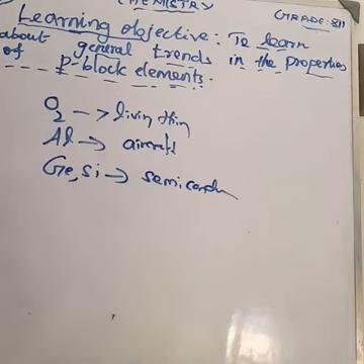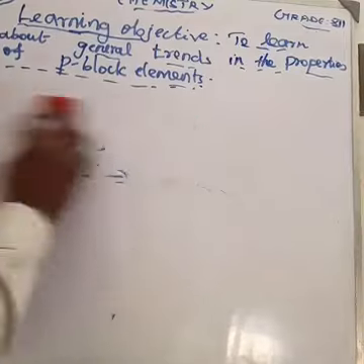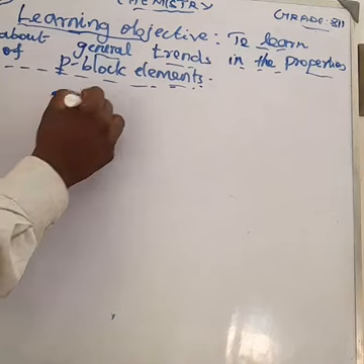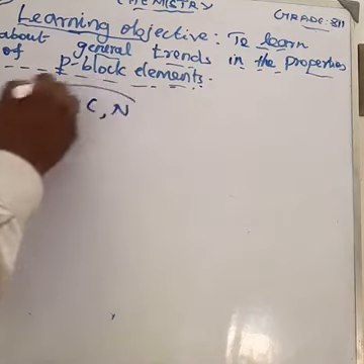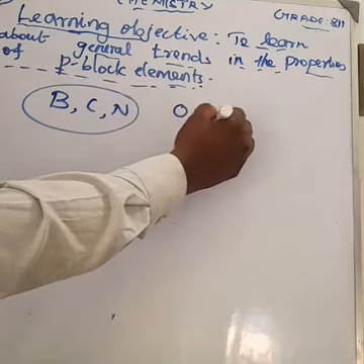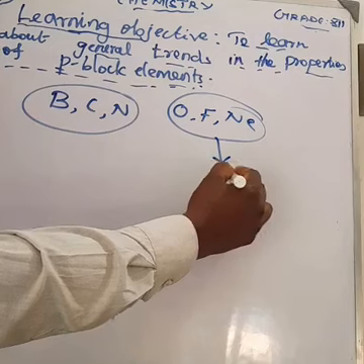So, in this topic, we will learn about the boron family, carbon family and nitrogen family. The remaining ones, oxygen, fluorine, and noble gases, we will learn in our next lesson, P block element 2.